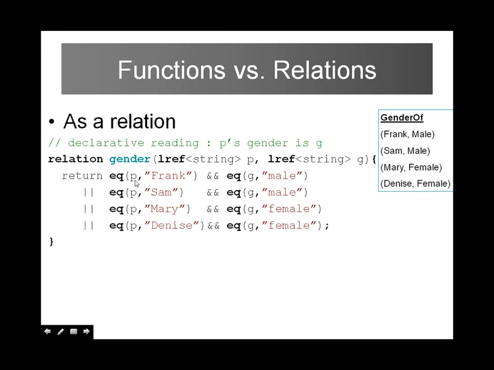In the case that P is not initialized, unification will assign the value Frank to P, and the two arguments are now equal, therefore unification succeeds. Now in the other case that P has already been initialized with a value, unification will compare the two values, and if the comparison succeeds, the unification also succeeds, otherwise the unification fails and returns false. So that's the basic idea of unification. It's simply a combination of comparison and assignment.